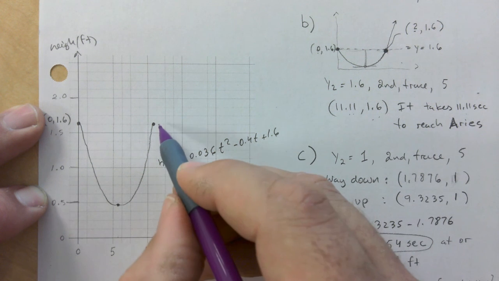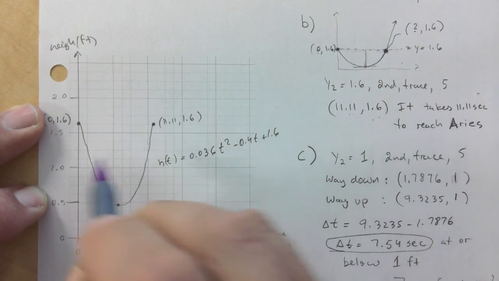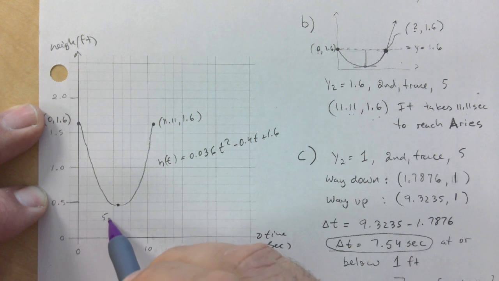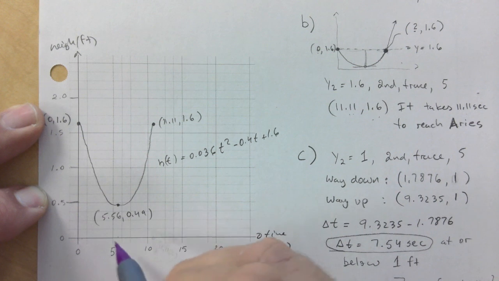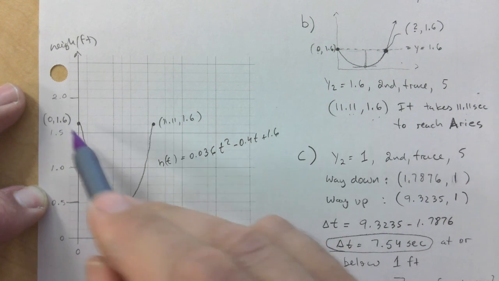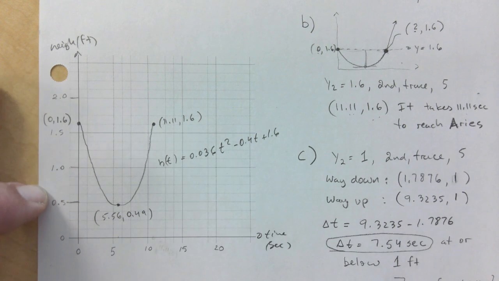Okay, this is 11.11, 1.6. This is 5.56, 0.49. And I've got all the points labeled. The action stops there. It doesn't continue. And so that's your graph right there. Okay.